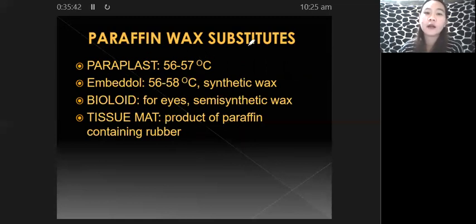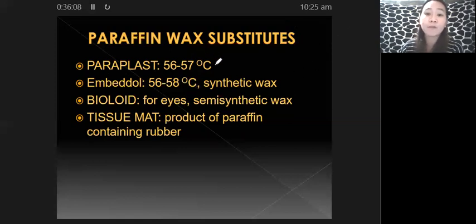Okay, they are referred to as paraffin wax substitutes because you still follow the same procedure. So that means from fixation up to clearing, it's still the same. The only thing that is different is that you will not be making use of your paraffin wax during infiltration and embedding. What you will be using are the substitutes. Okay, so what are these different substitutes for your paraffin?